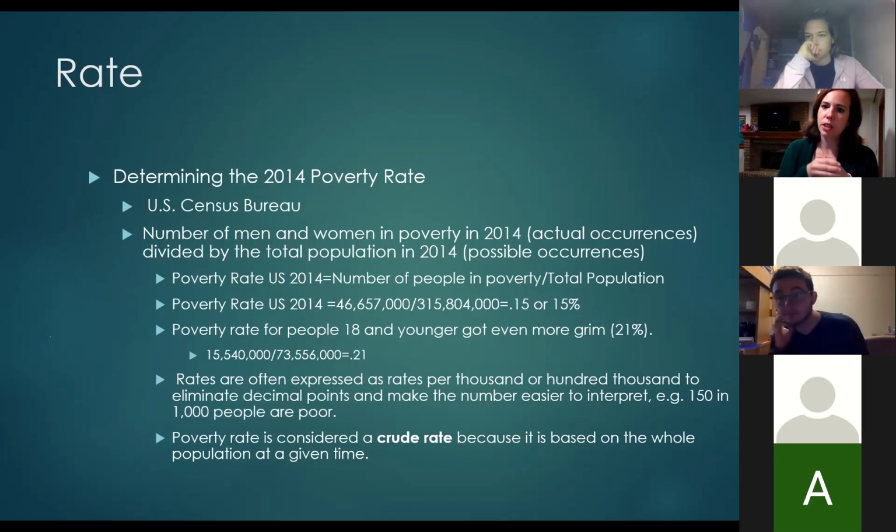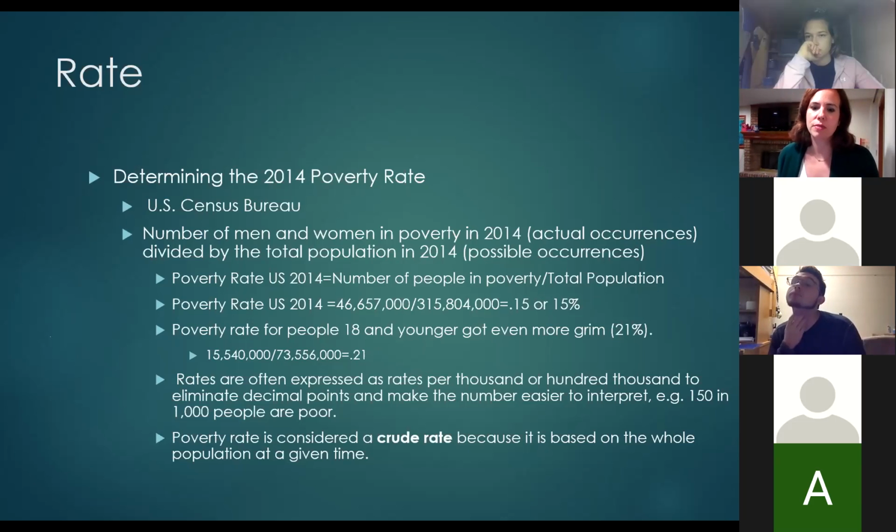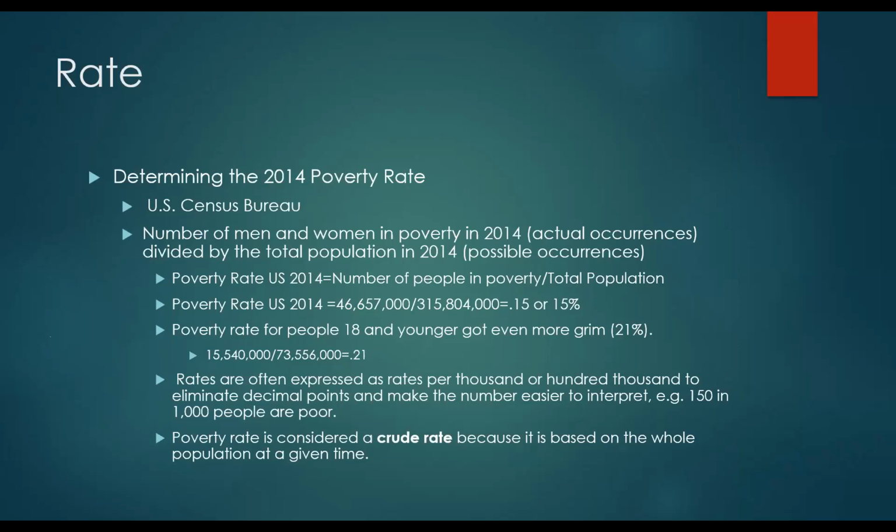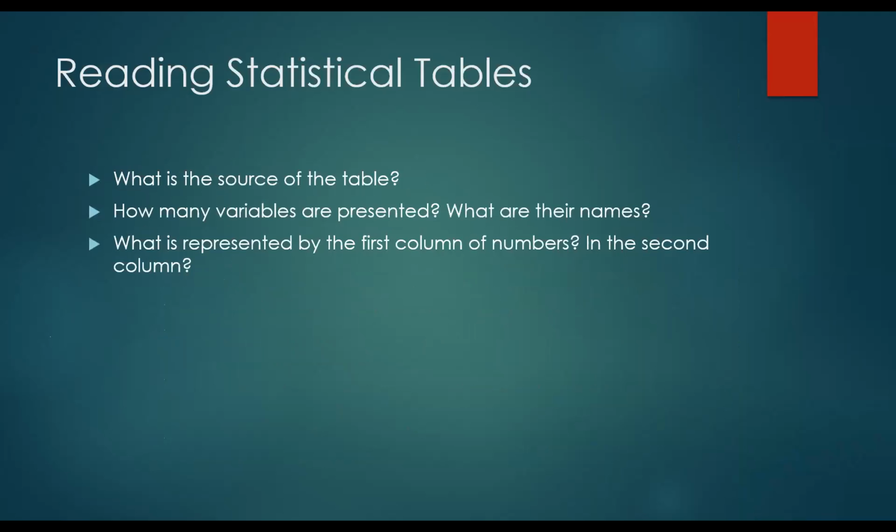It's just the population based on a given period of time. So because of that, it's a crude rate. Now, the population of Aquinas, that'd be far more specific because we know how many students are registered every single semester, right? For a census, for an entire population, it's much harder to negotiate. So we call it crude rate.